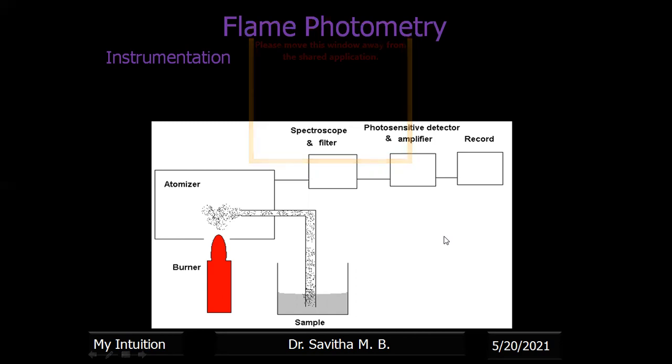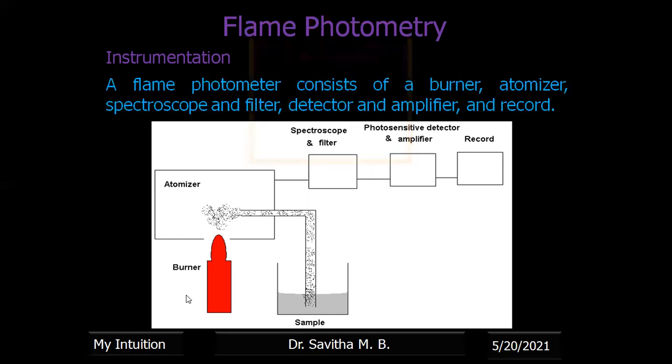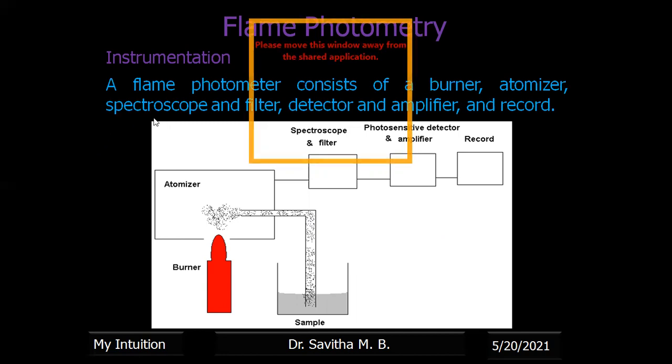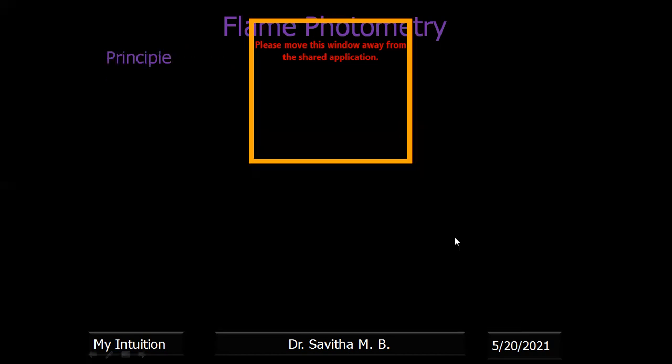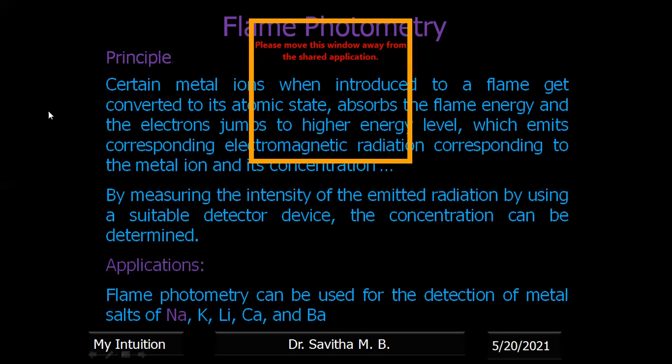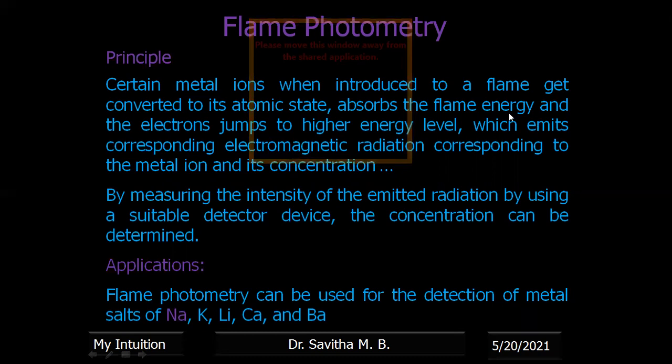In flame photometry, the flame photometer instrument is used, and it contains a burner, atomizer, spectroscope, and a filter. The detector and amplifier are also required. Now, what is the principle? The metal ions, when introduced into the flame, get converted into the atomic state. The electrons absorb the flame energy and jump to a higher energy level.